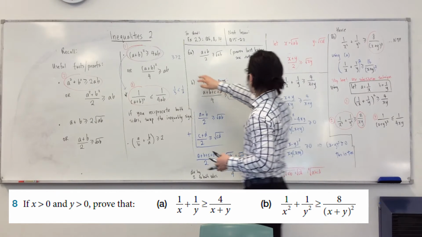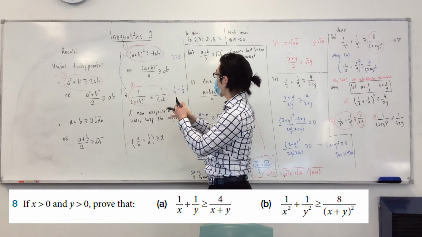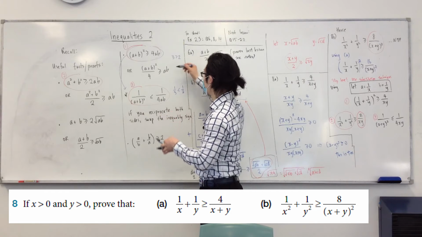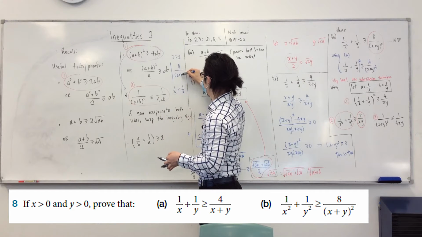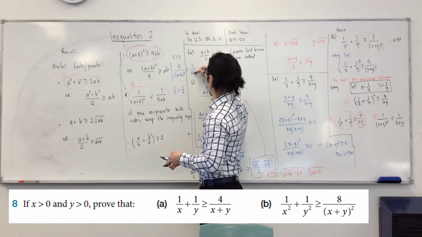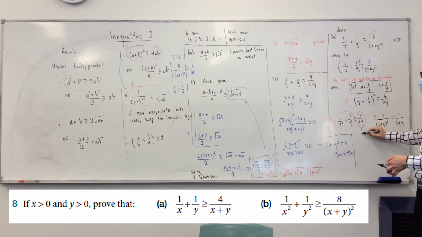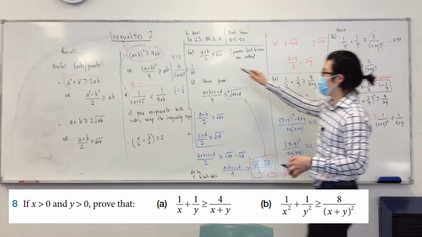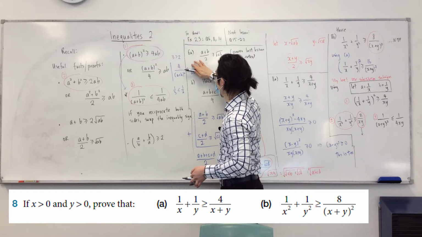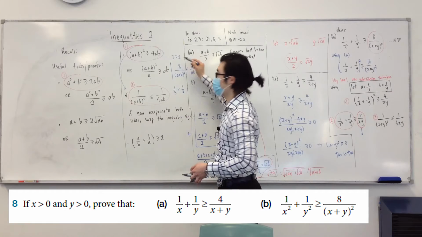Oh, actually, you know what? What if we reciprocated this? Sorry, you just kind of showed me something else. If I reciprocated this, then I've got to swap that. Can I use this anywhere? So if I want to change this into a 2, then, oh wow, this has to be 8.